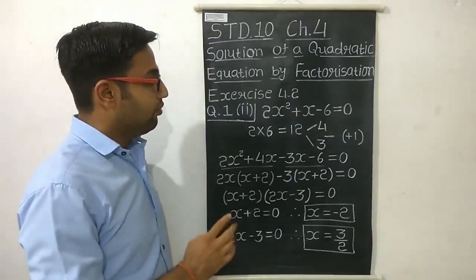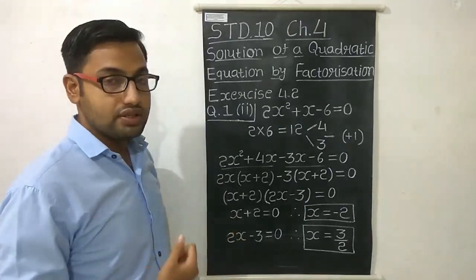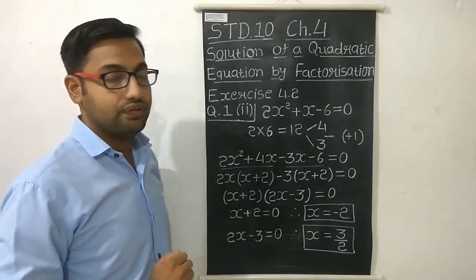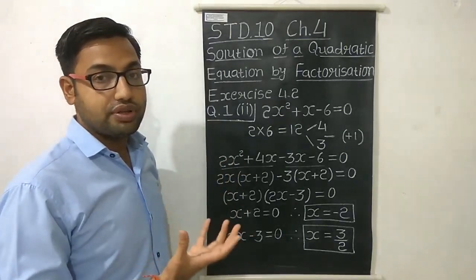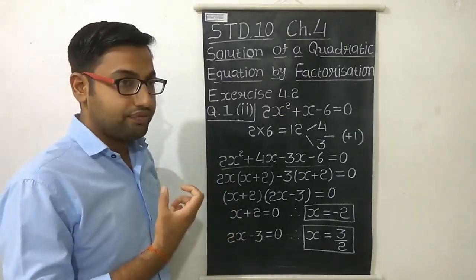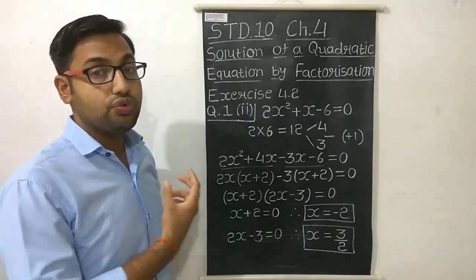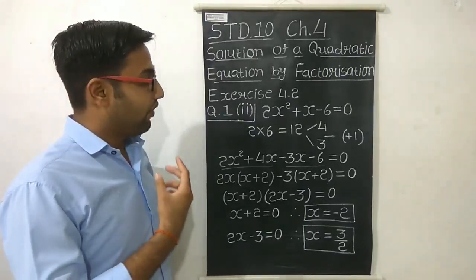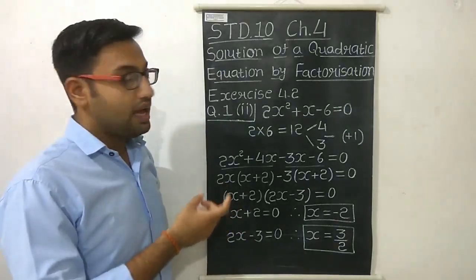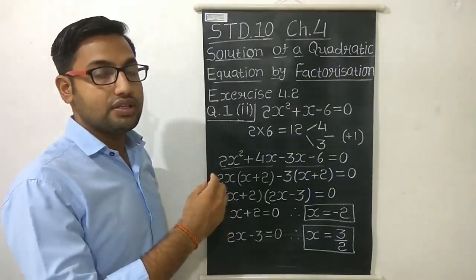Now, we have studied in polynomials that there is also a quadratic type of polynomial. We used to find the zeros of the polynomial, and at that time what we did was factorize the given quadratic polynomial and then compare it with zero.